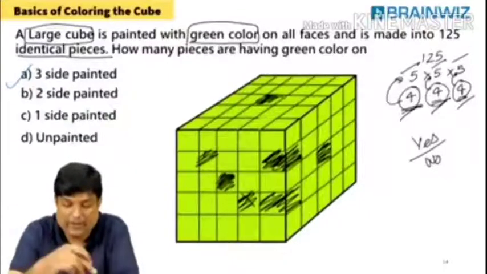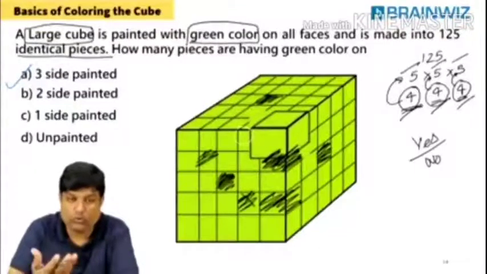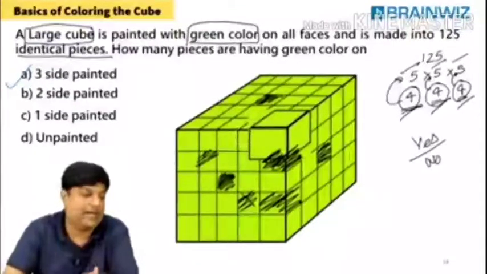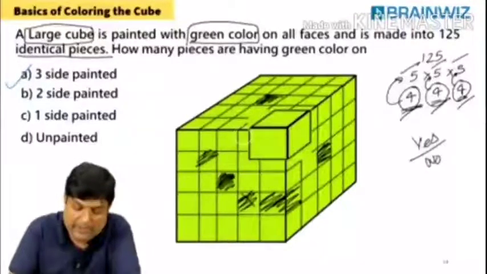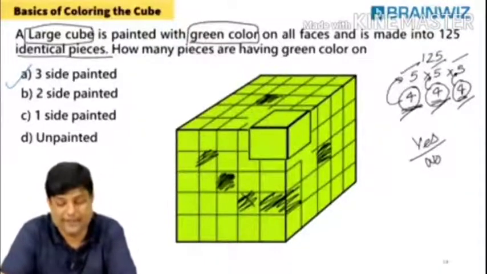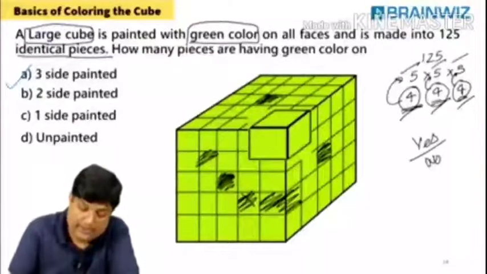This corner piece that is coming up, this corner piece I have got 3 sides green color. Yes or no? Yes. This is one side, this is 2 side, this is 3 side.